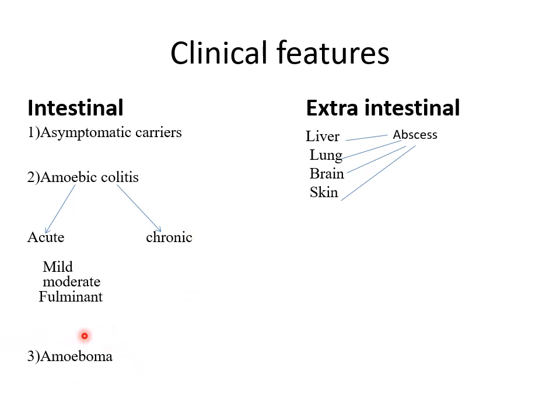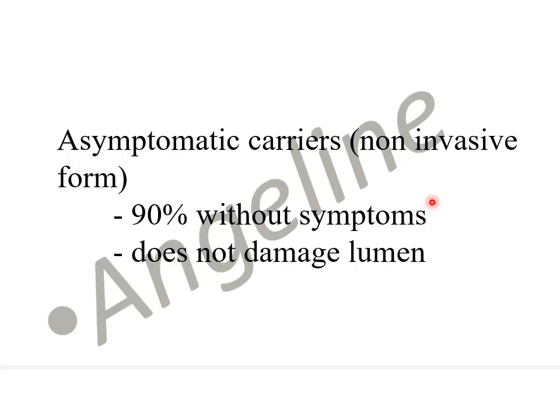And you can have something known as amoeboma. I particularly made this presentation to stress this amoeboma. Extraintestinal, they are abscesses in the following organs. So 90% will be roaming around without symptoms and they do not even damage the lumen.